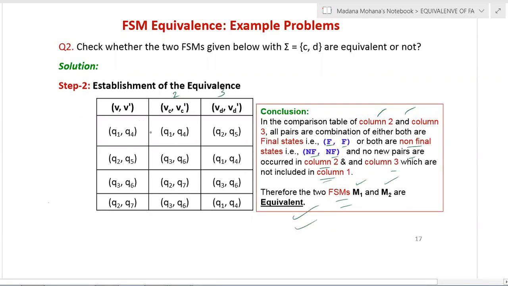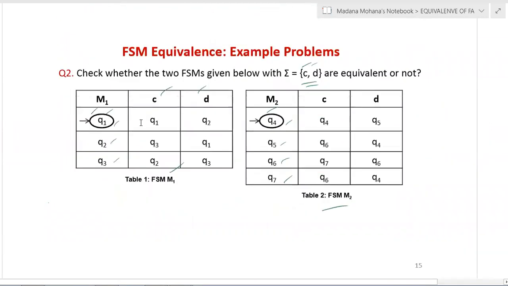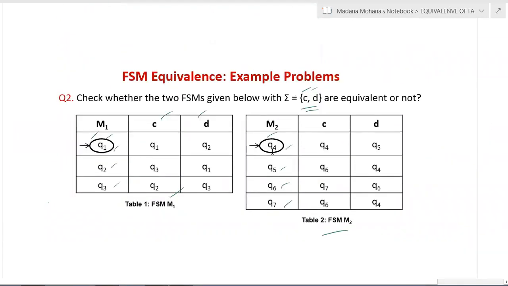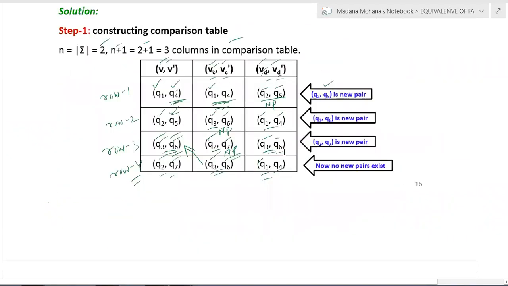Here you can see, first let us check what the final states are in the given two machines. Q1, Q4 are the final states. Now in column 2 and column 3 you can check. Here Q1, Q4 are the final states of both machines, F comma F. Now you can see column 2, the pair Q1 comma Q4: both are final.